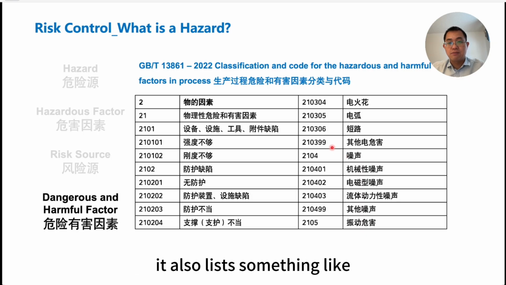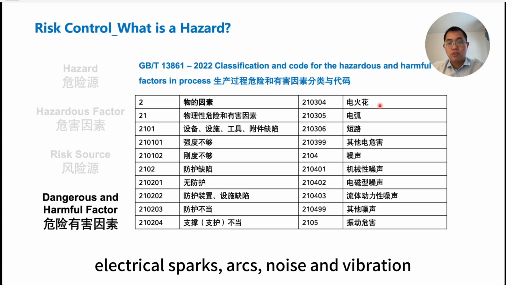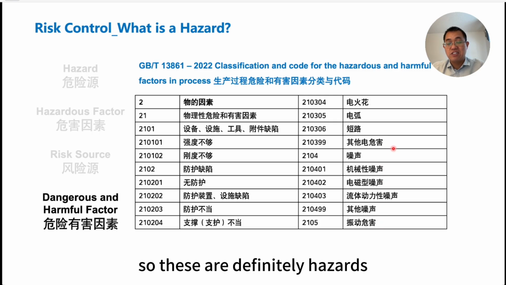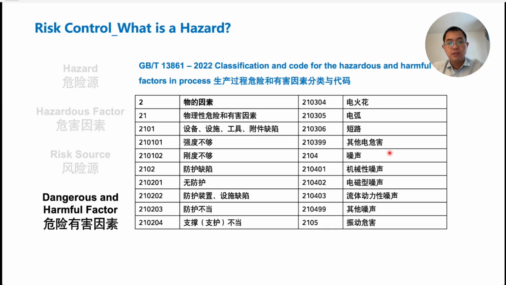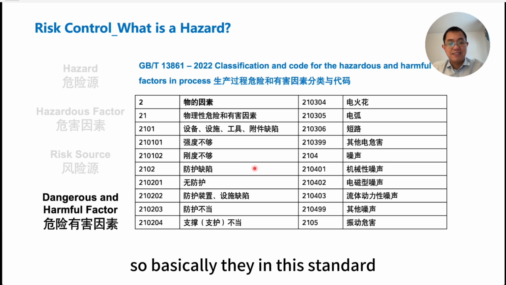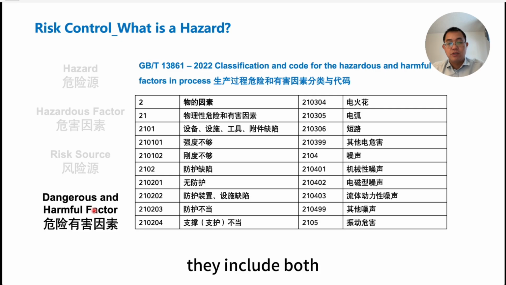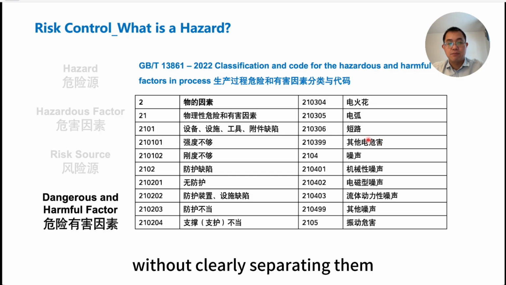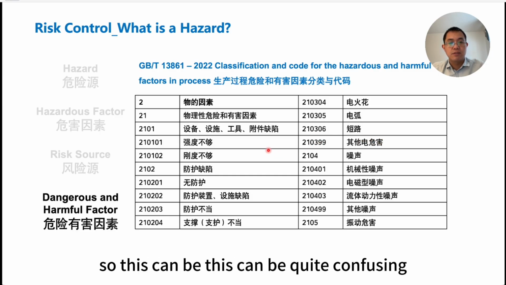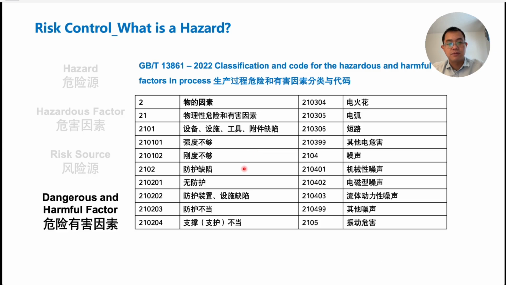It also lists something like electrical sparks, arcs, noise, and vibration. So these are definitely hazards. They are directly sources of harm. So basically, in these standards, the dangerous and harmful factors include both accident potentials and hazards without clearly separating them. This can be quite confusing.